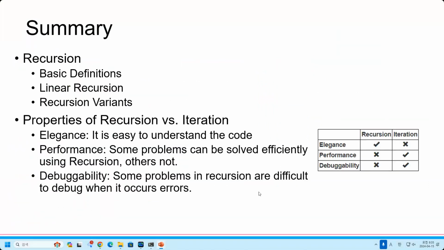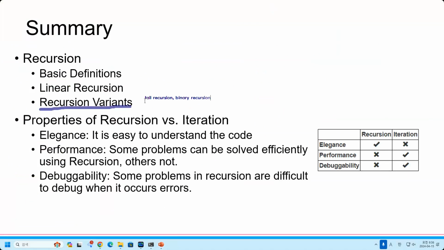Okay, so at the end, in the recursion, you learned about the basic definition of recursion, the linear recursion, and the recursion variants. In the recursion variants, we learned about tail recursion and binary recursion.